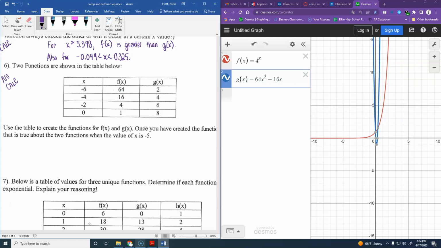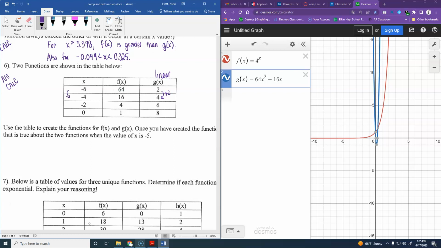First of all, it's very important that we know what's exponential, what's quadratic, and what's linear. Okay? So looking at these two functions, one of them is linear. Which one is going to be linear? Okay, it's going to be g of x. Yep. So this one is linear, and I know it is linear because it's going up by the same amount.